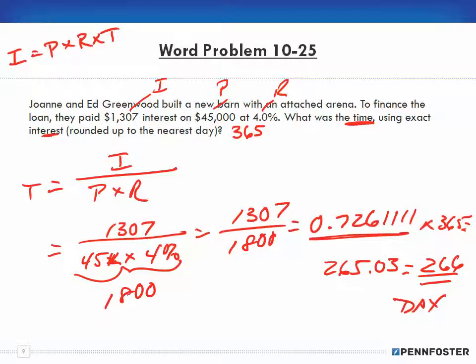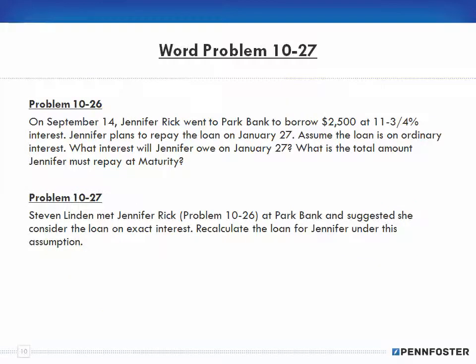Now 10-27. Because it says Steve met Jennifer in problem 10-26, let's do 10-26 and then come back to 10-27. On September 14, Jennifer Rick went to Park Bank to borrow $2,500.